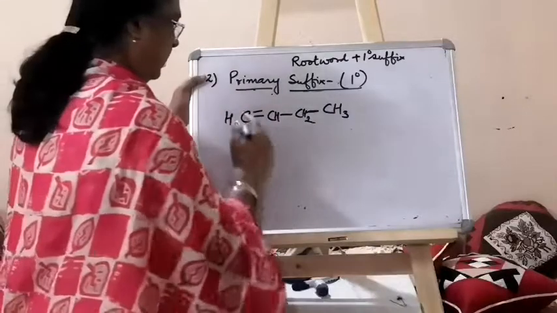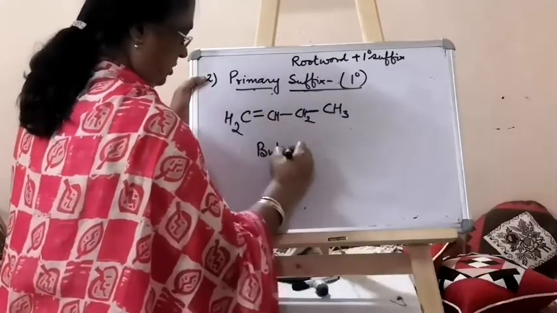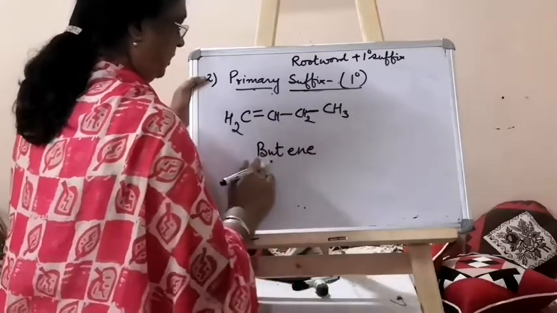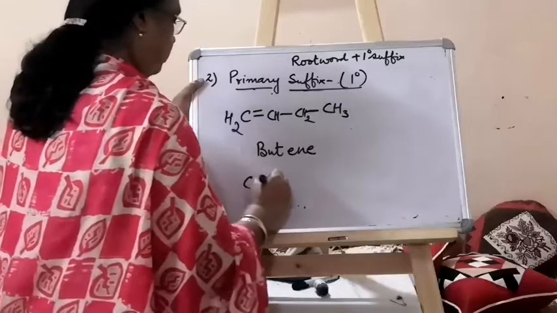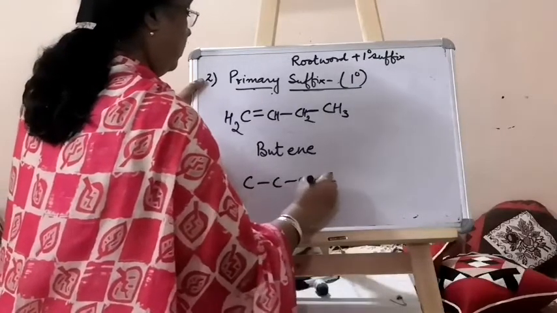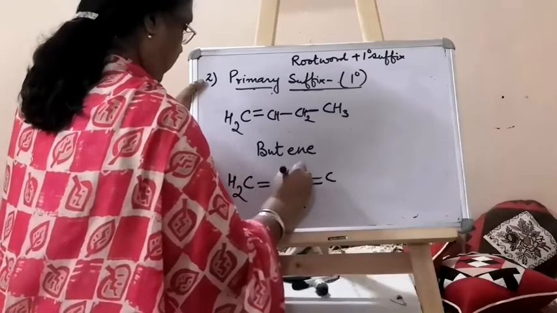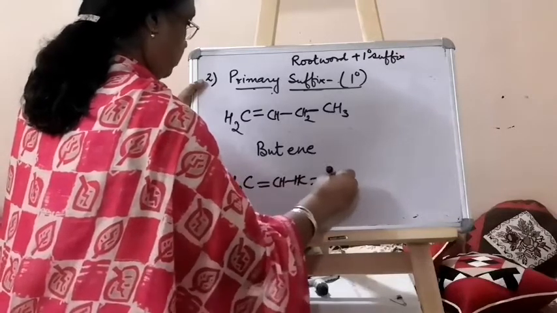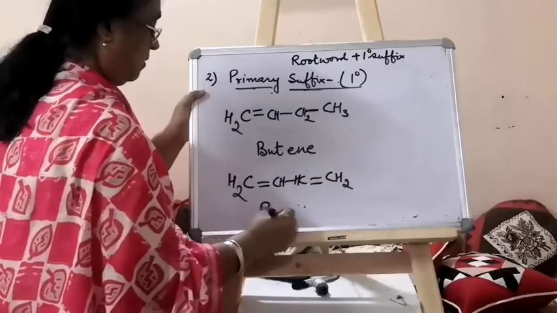So the root word here is but, and your primary suffix is in: butene. But if I write this compound 1, 2, 3, 4, then we have CH2, CH, CH, CH2. In this case, we have but.